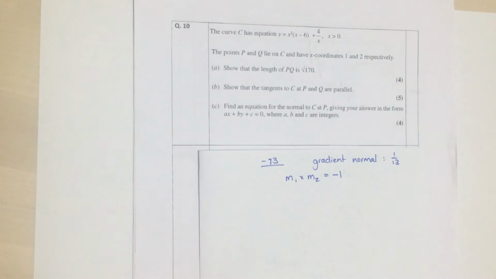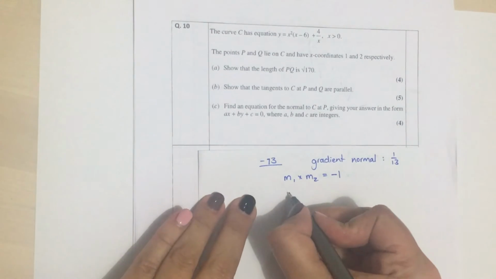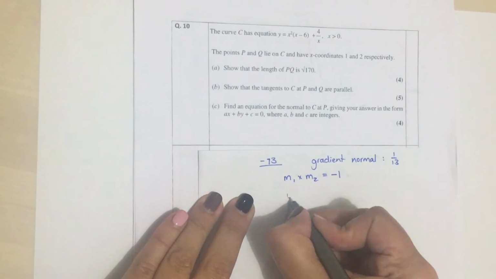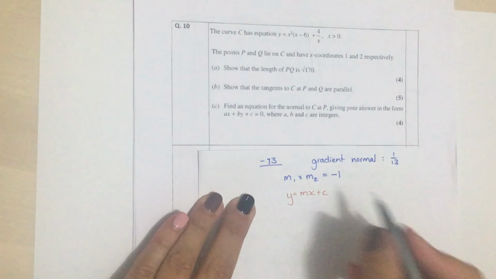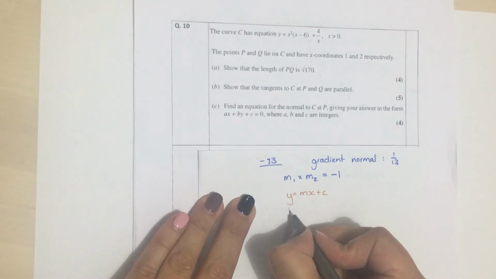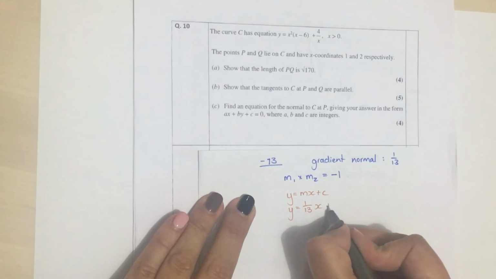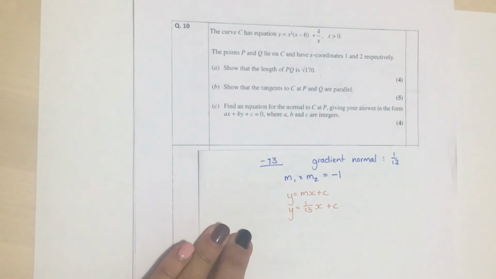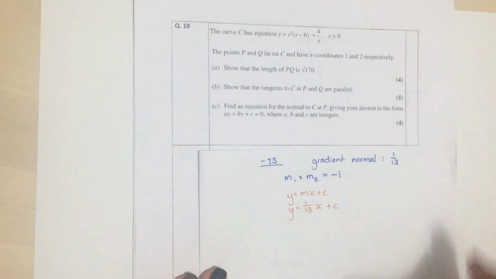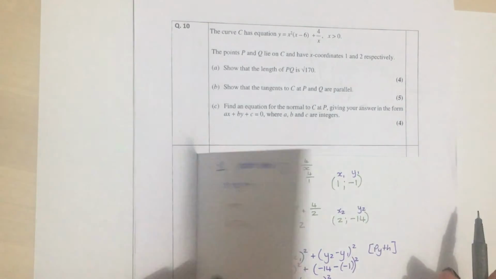Right. So if we need to find an equation for that, let's just start by saying that y is equal to mx plus c. We can just later rewrite it in that form. Y is equal to mx plus c, and now we know that m is 1 over 13, so y equals 1 over 13 x plus c, right? We have our set of coordinate points, which we worked out in the first question, of 1 and negative 1.